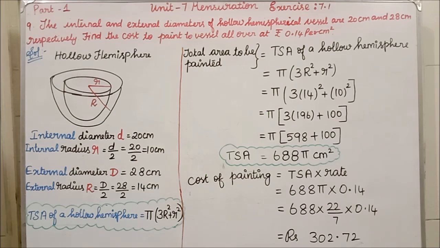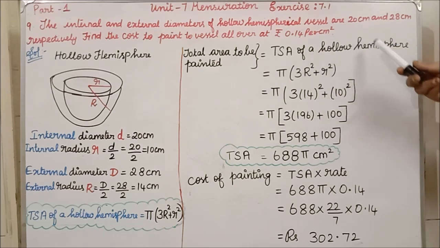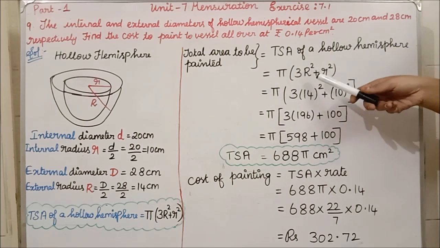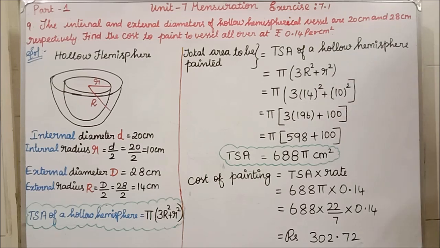We have to just substitute and find the value. See, total area to be painted is equal to the TSA of a hollow hemisphere, which is equal to the formula we know, pi into 3 capital R square plus small r square.